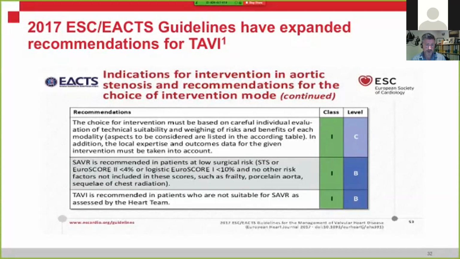But there's now a lot of evidence with some of the newer TAVI valves that their durability and longevity is very, very good indeed. The evidence even in intermediate risk groups is showing that TAVI is just as effective as surgical valve replacement.